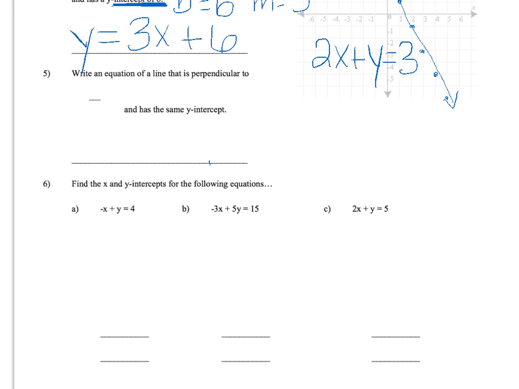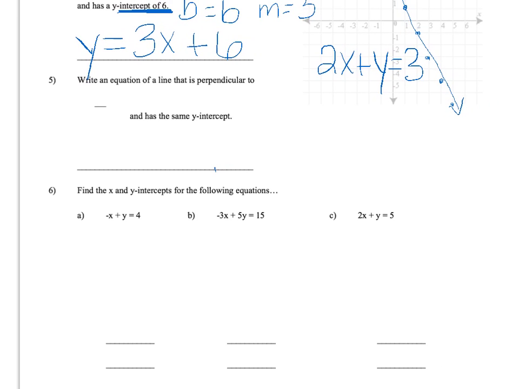For number 5, we've lost a little bit of the equation. It says write an equation of a line that is perpendicular to. So the equation in number 5 is y equals negative 1 over 3x plus 4. And we are talking something perpendicular to this with the same y-intercept.